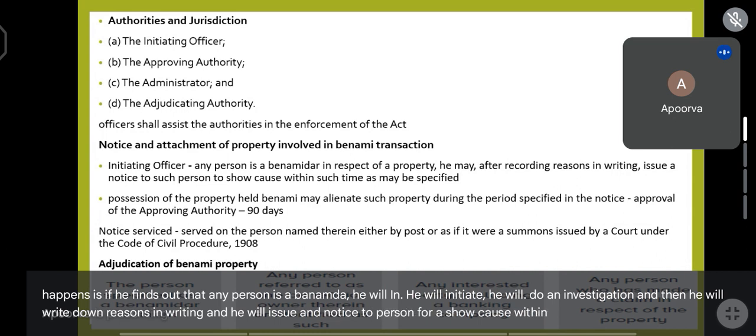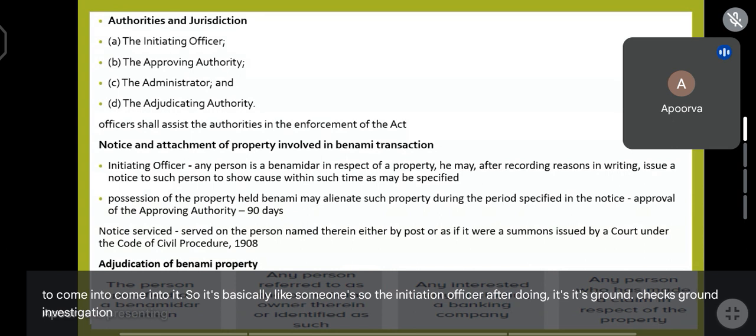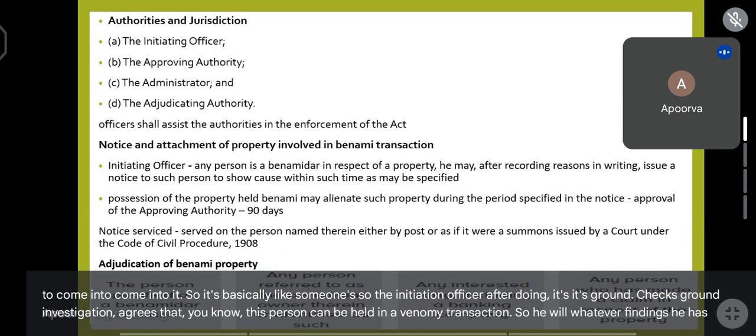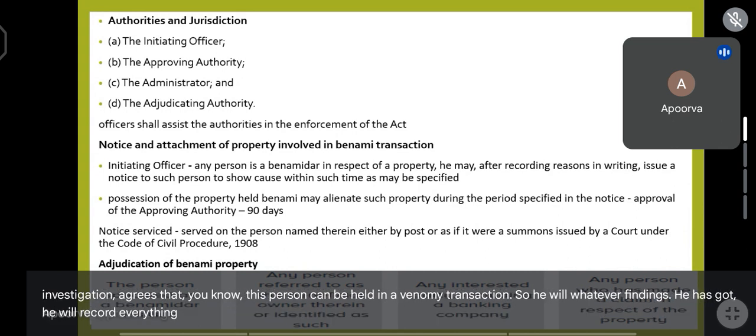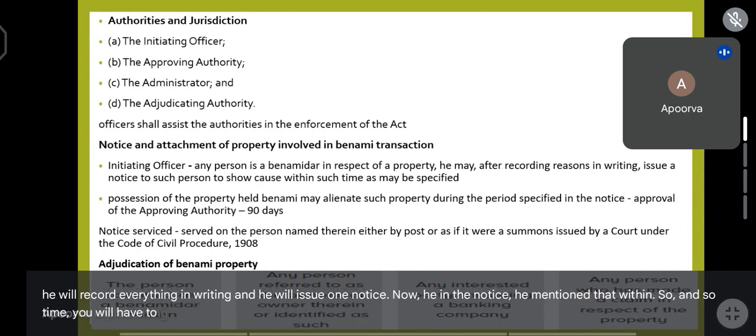Within such period, you will have to come in; it's basically like summons. So after doing ground checks, the initiating officer agrees that this person can be held in a benami transaction. He will record everything in writing and issue a notice, mentioning that within so and so time you will have to appear.